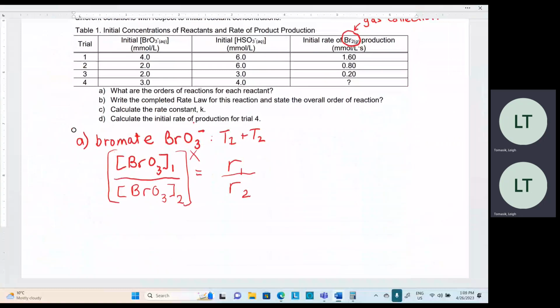Now we fill in numbers. We have 4.0 millimoles per liter, that's a 1,000th of a mole, over 2 millimoles per liter.